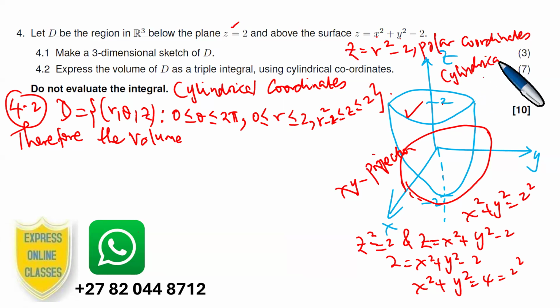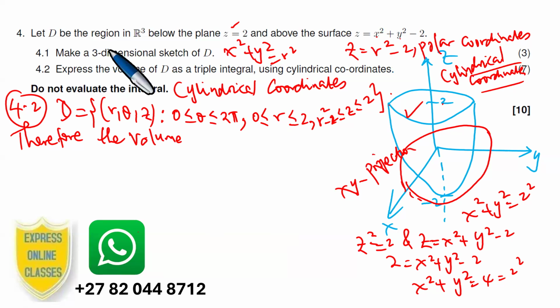I don't understand how z becomes r squared minus 2. Yes. Because what is x squared plus y squared? It is equal to r squared. So wherever there is x squared plus y squared at any random point, it is equal to r squared when you're doing cylindrical coordinates. Okay. So now with these, what is z equal to?